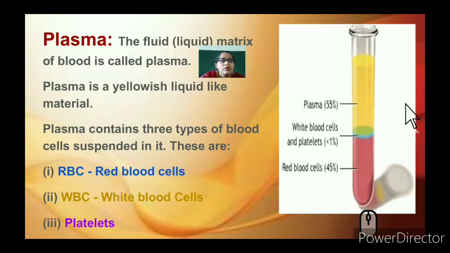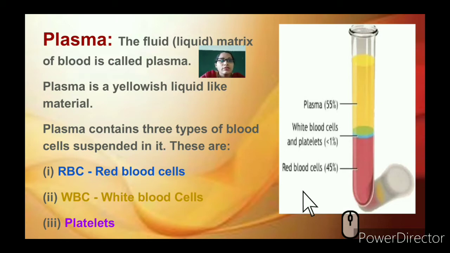If you take 100% of the components of the blood, about 55% is plasma. White blood cells and platelets are less than 1% and red blood cells are 45%.